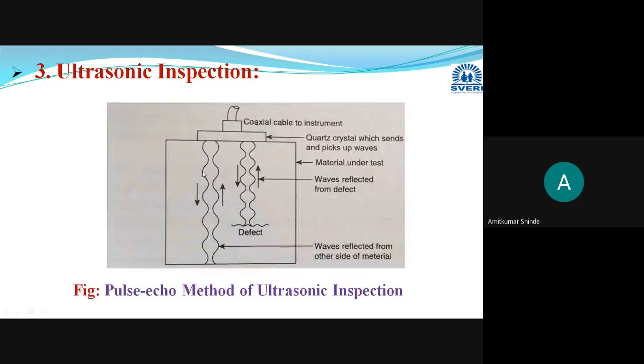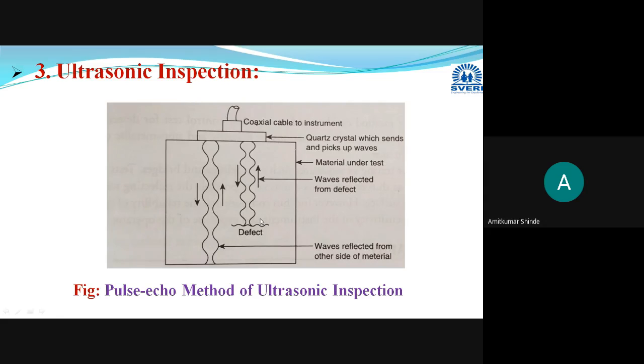These two times are calculated: how much time the wave takes to travel from one end to the other end in the normal condition, and how much time it takes where the defect is present. That time is compared and the distance is calculated in the test specimen.